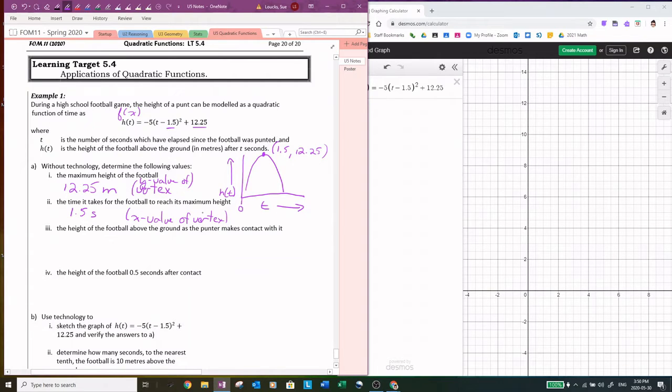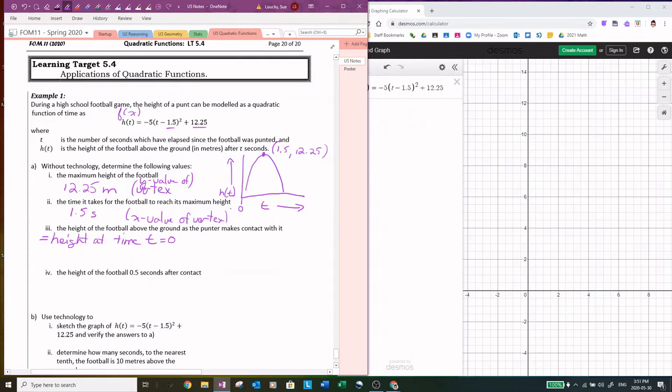Okay, the height of the football above the ground when the punter makes contact with it. All right, here's the thing to ask yourself. How much time has passed when the punter kicks it? Well, that's 0, right? Because t is the number of seconds since it was punted. So the height of the football is going to be height at time t equals 0.